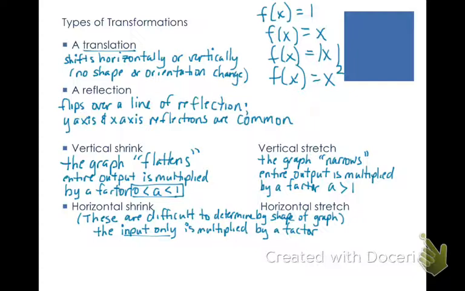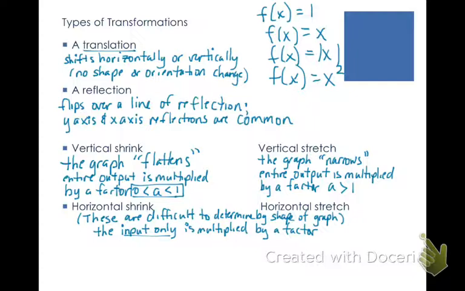When we start putting different values in, multiplying by x or by the absolute value of x or x squared, or adding or subtracting, then it shifts the graph of each of those functions, and they're no longer the parent function. So a translation is when the graph shifts horizontally or vertically. There's no shape or orientation change.